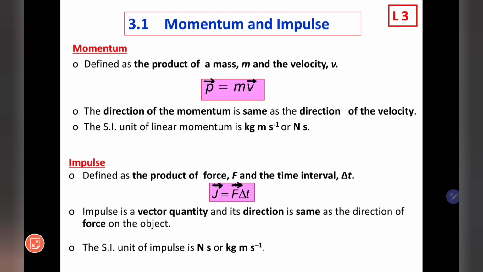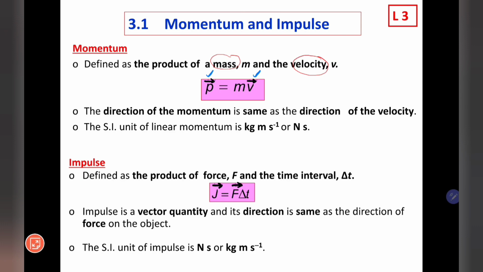What is momentum? Momentum is defined as the product of mass m and the velocity v. So the product of mass and velocity gives you momentum. The equation is P equals mv. Remember, velocity is a vector, and then the momentum is also a vector.